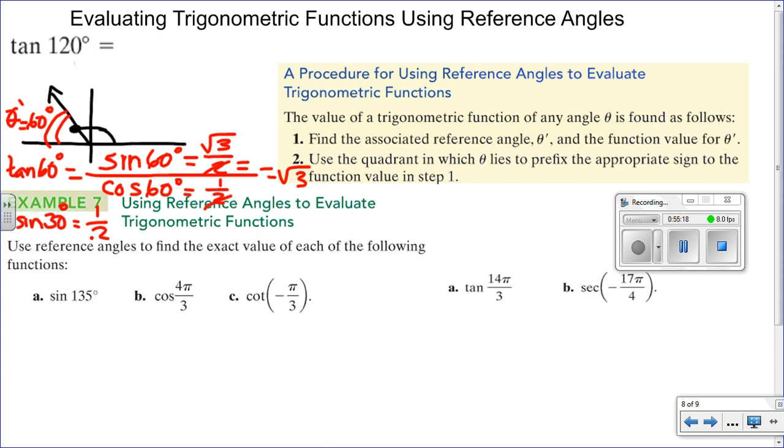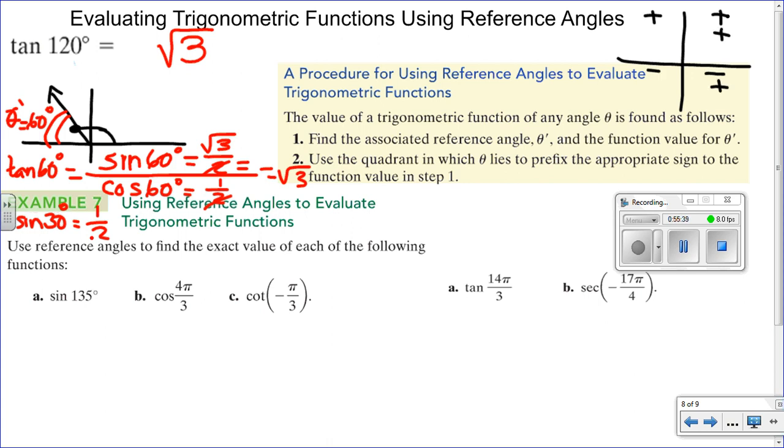So because the tangent of the reference angle is the square root of 3, the tangent of 120 is also going to be the square root of 3. There's just one little change. Should it be positive or negative? Let's remember: positive, positive, negative, negative.